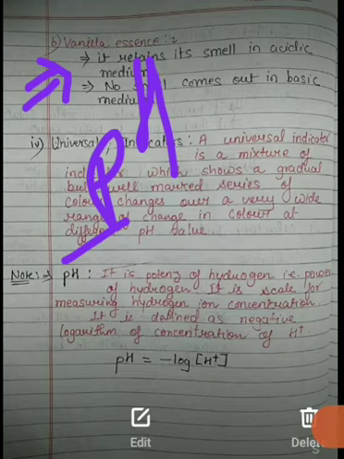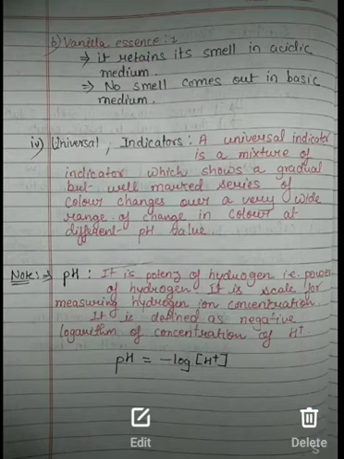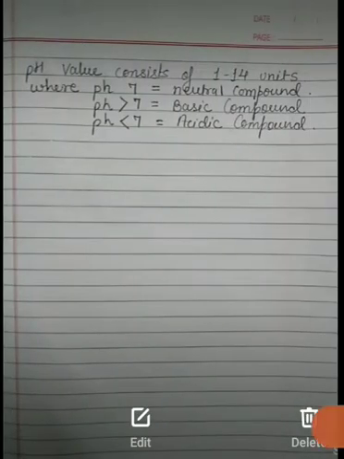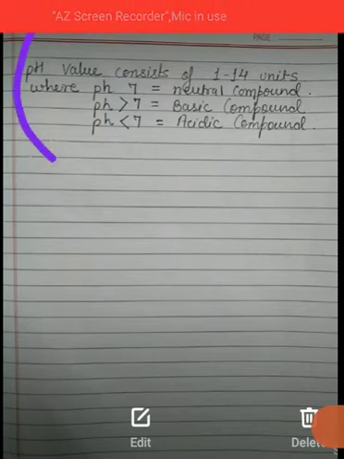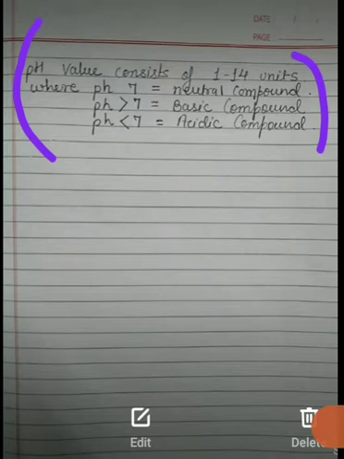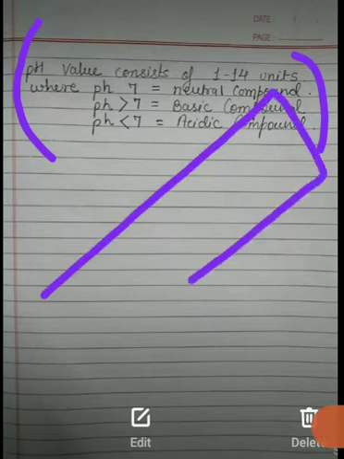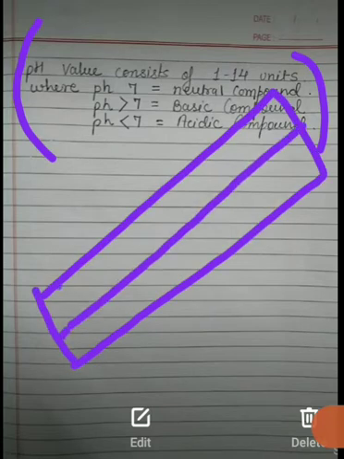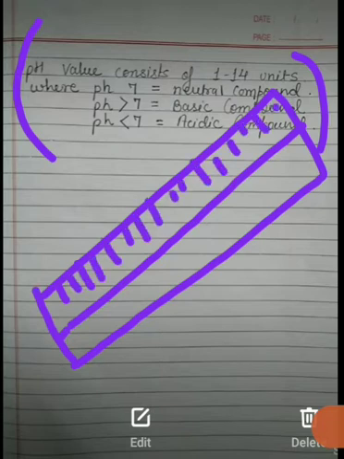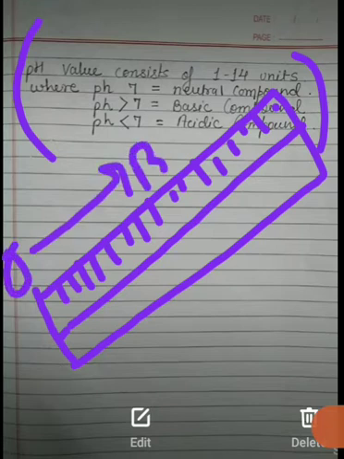Okay, now students, let's see what I am saying. This is all about the pH value, and these pH values are given in the universal indicator along with the color ranges. Okay, suppose there is a scale, and here there are color changes from red or orange to blue to dark blue.